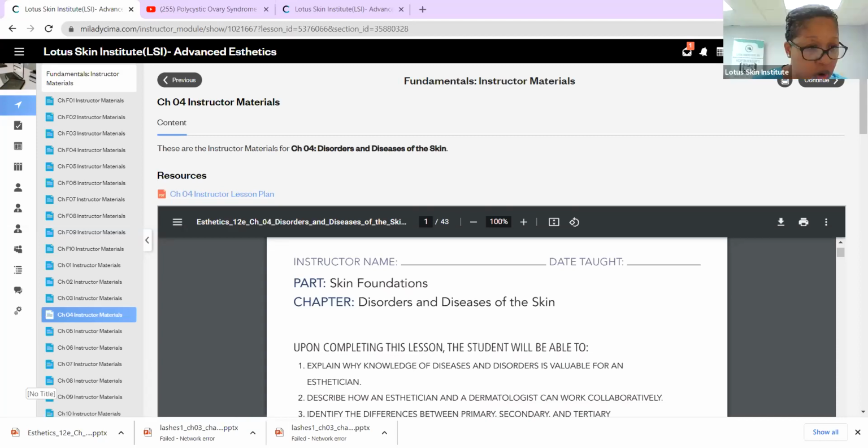So we'll talk about those 4. Comedones, sebaceous filaments, and milia, and the differences between those. These are the 4 grades of acne. There's so much about acne: triggers, medications, treatments. We'll talk about all of those.